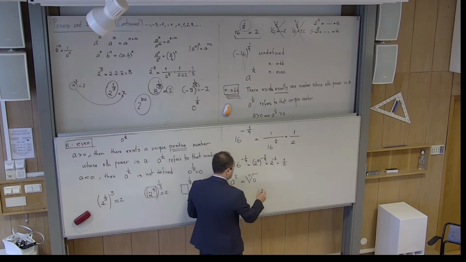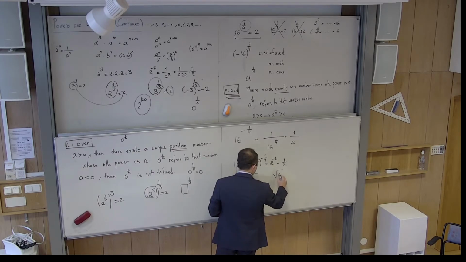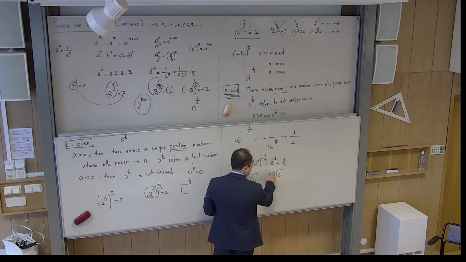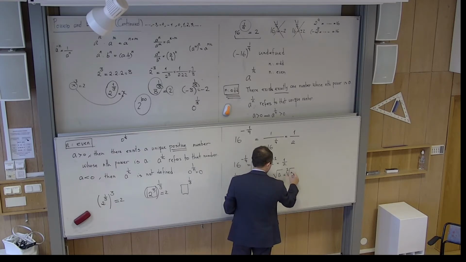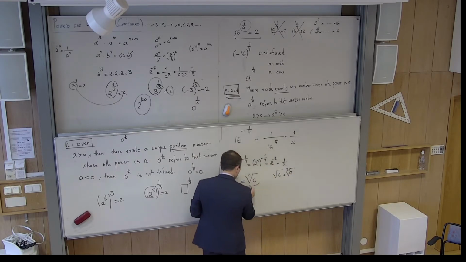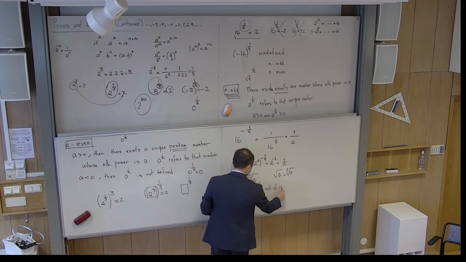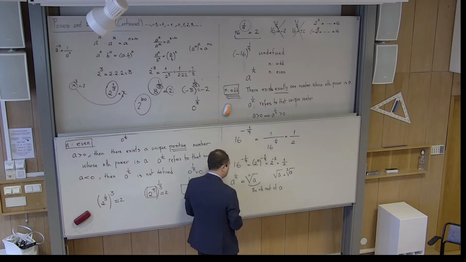So they say just write this. So if you see this symbol without any number there, this means this is the second root. And then in this way, you read it the nth root of a.